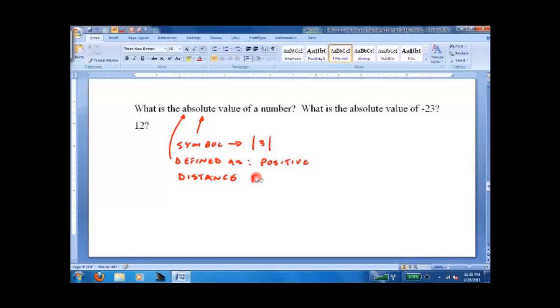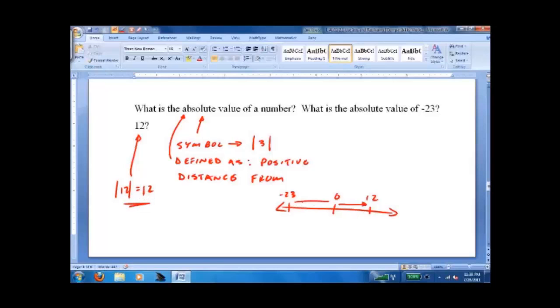So again, you can pull out a number line. I'm going to make a very simple number line. So we have 0, we have 12, now here we have -23. Well, how far is it from 0 to 12? So the absolute value of 12 is 12, piece of cake.